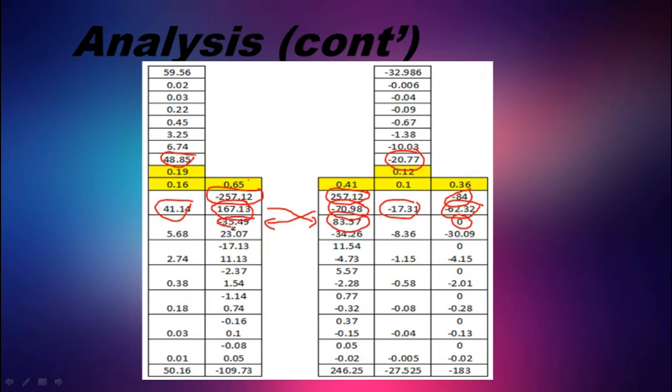Now these values will become the total, the actual moment of that joint, and then we will repeat the previous step where the values will have their notation changed. If it's negative, it becomes positive, if it's positive it becomes negative, and then we will multiply it with the corresponding distribution factor. So we get all these values. We will repeat these steps until we achieve a value less than 1, and then we will sum all the values in the corresponding columns.